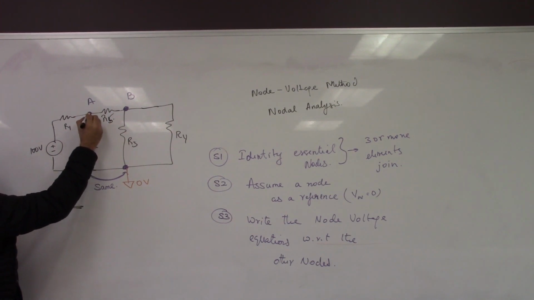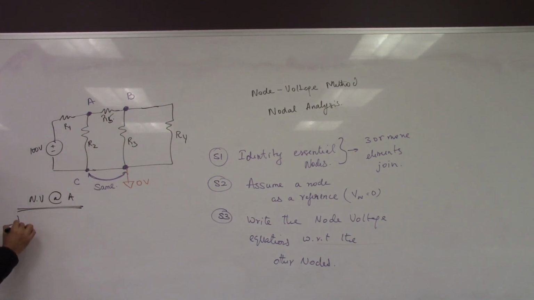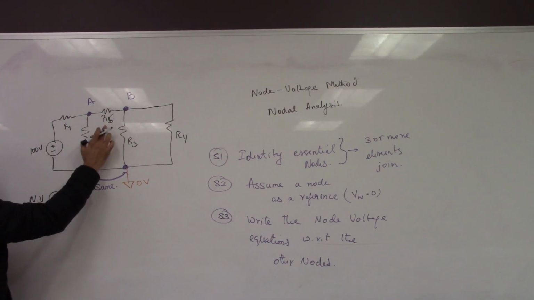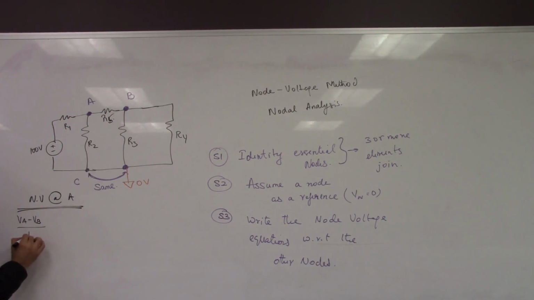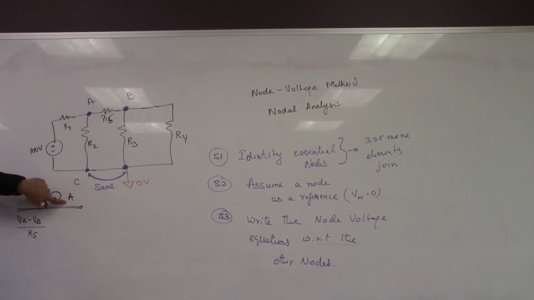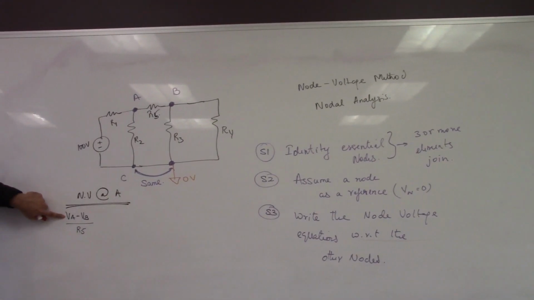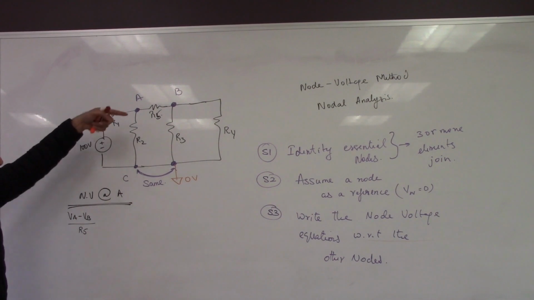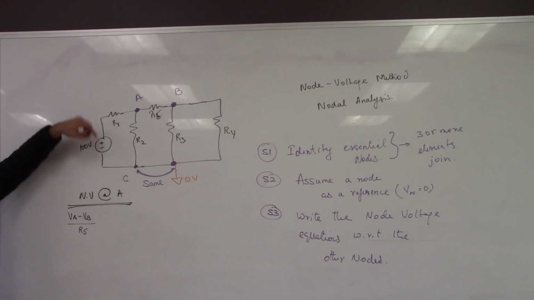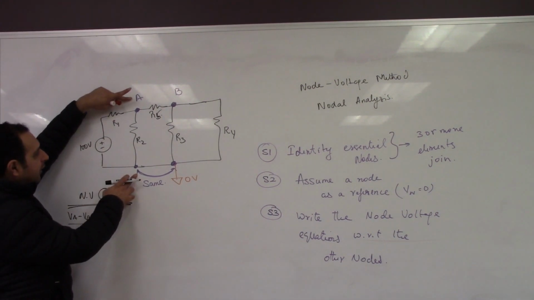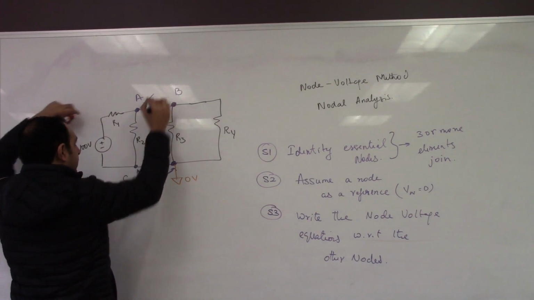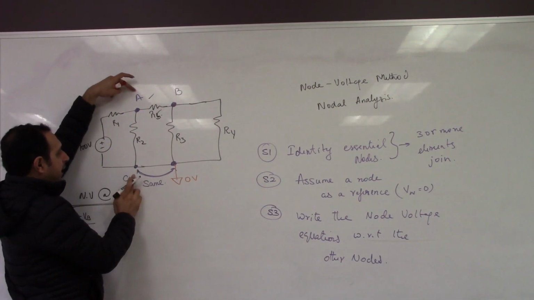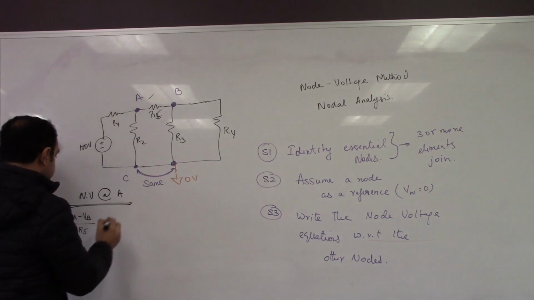So here we'll say VA minus VB, which is on this side, divided by the resistance R5. We always take the node that you're writing the node voltage equation about as the first voltage, and then we'll take the other one as the negative voltage. So when we finish this part, now we'll go here. So this will be VA minus VC divided by R2.